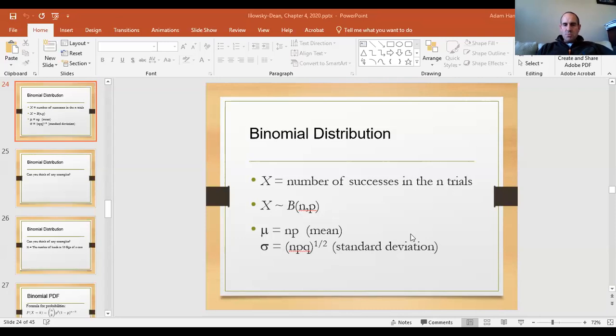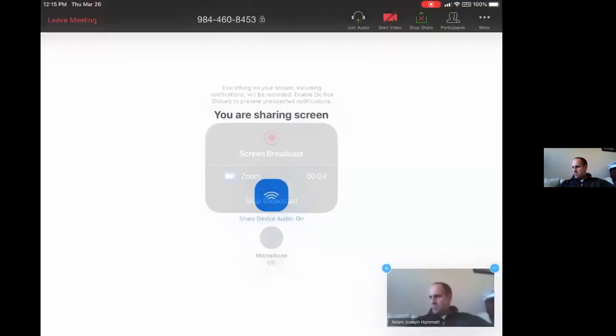So I at least want to spend a few minutes here on the front end talking about standard deviation, what it is, what it arises from, and why we would care about it at all. So I'm going to go into the iPad here and deal with that. Okay, so here we go.